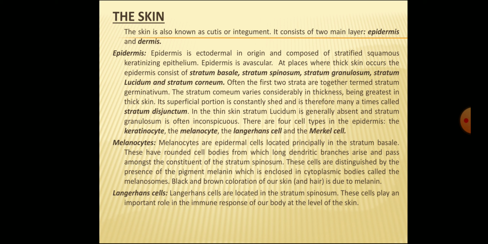The nucleus of this cell has a highly indented border while the cytoplasm shows many distinctive rod-shaped inclusions. These cells play an important role as antigen presenting cells in the immune response of our body at the level of the skin.